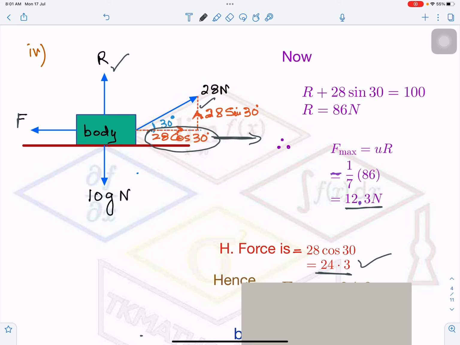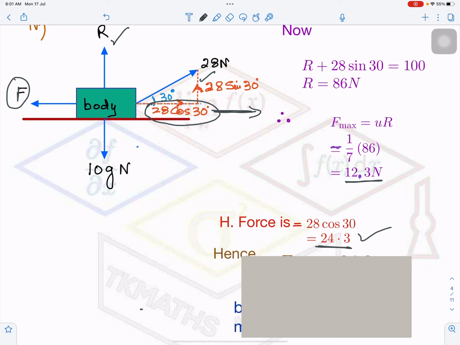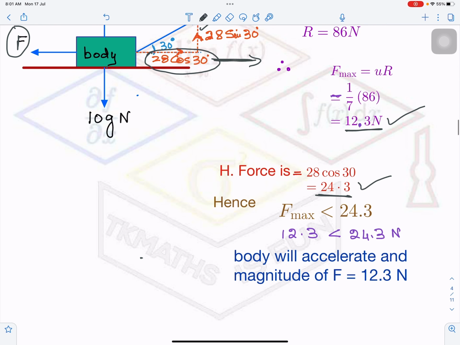So what will happen? The body will accelerate, it will move, right? And what will be the value of F? The value of F will be the maximum frictional force because it cannot exceed that limit. So the value of F is 12.3 and the body will accelerate.